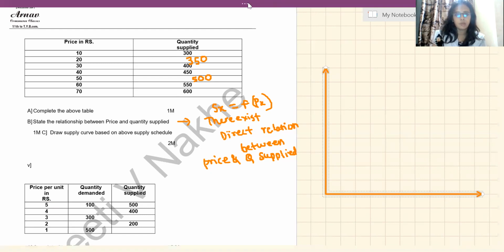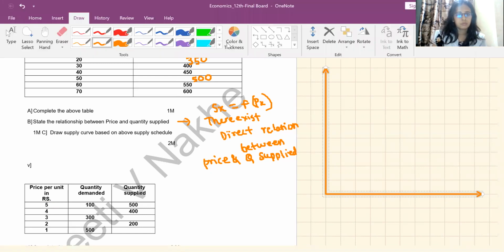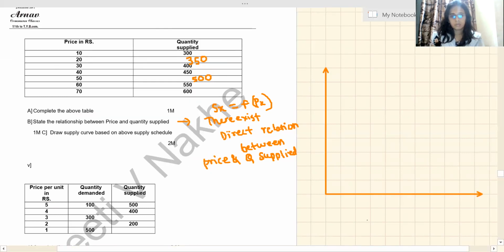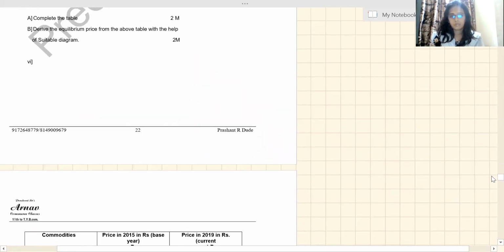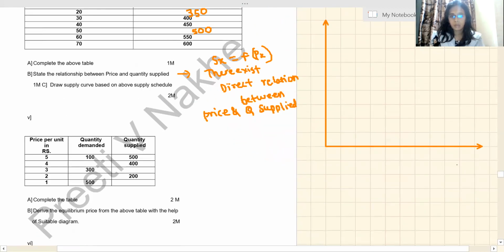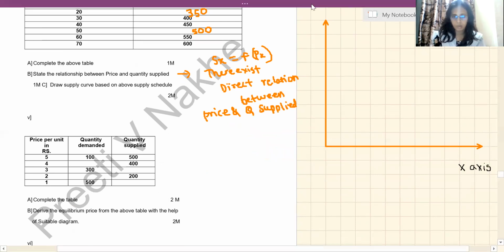Now we will label it. Label it. Again, x-axis. Then we will label it here as y-axis.